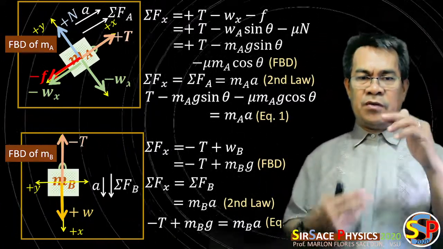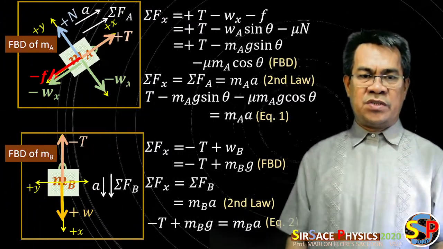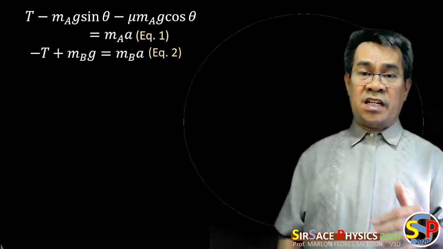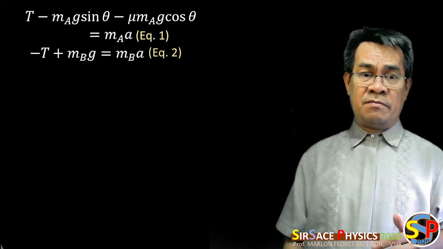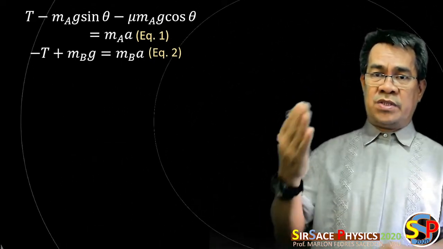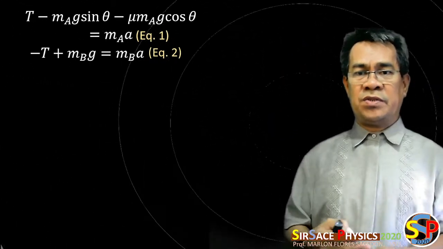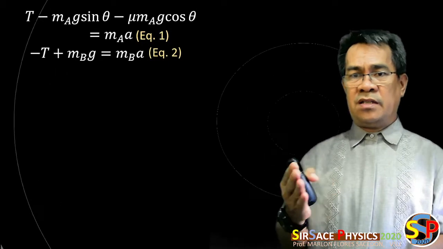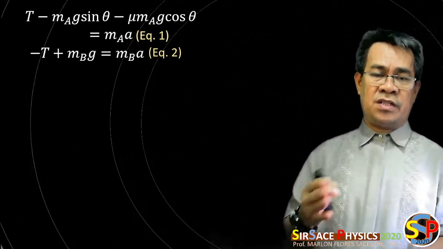So now we have two equations that involve the same variables. Equation 1 has the variables a and T, and equation 2 has variables a and T also, tension and acceleration.